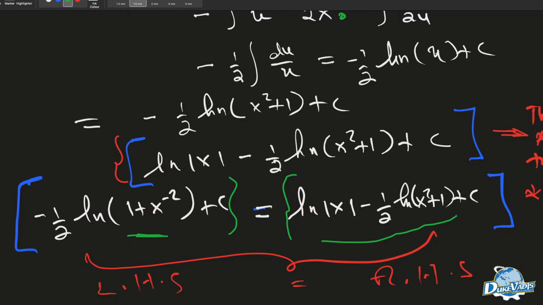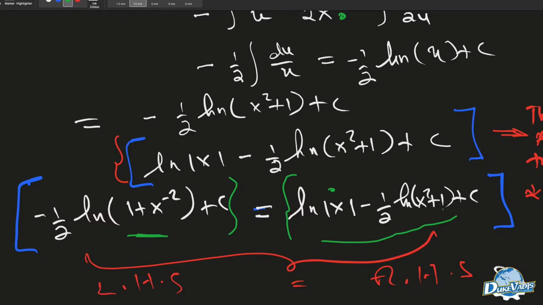People are saying that because of the absolute value of x here, and also x raised to the power negative 2 versus x squared plus 1, they are different. So I told them to substitute some values into the equation and check, but people were not convinced by that. So today we are going to explain the reason why it is so.